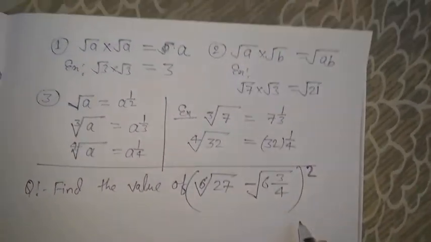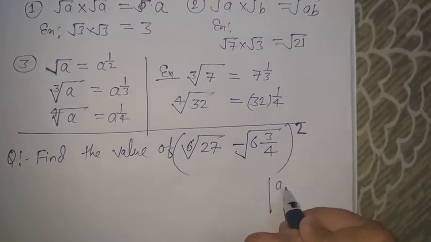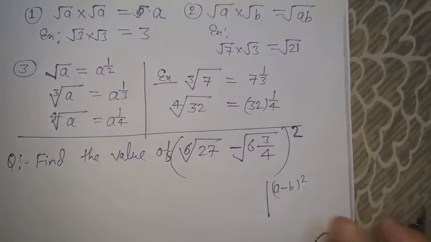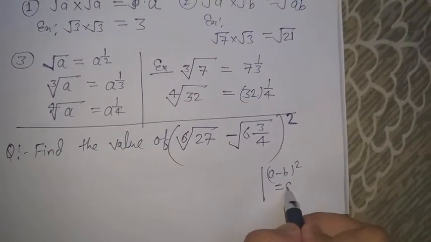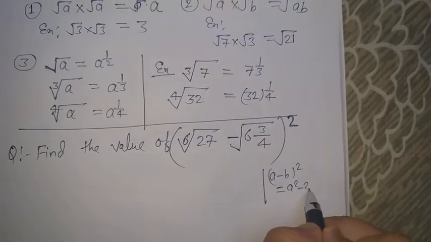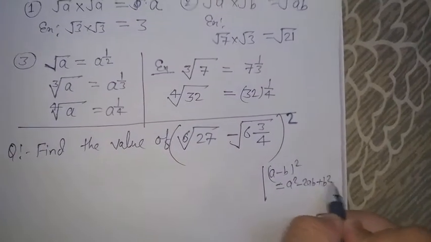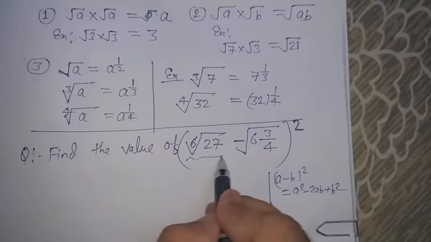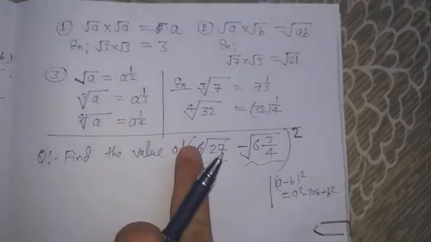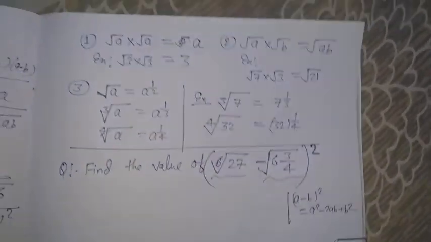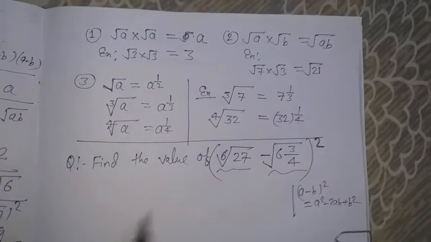So as we know that a minus b whole square is what? A square minus 2ab plus b square. So here this whole term is a, this whole term is b. So a minus b whole square. First you simplify this.